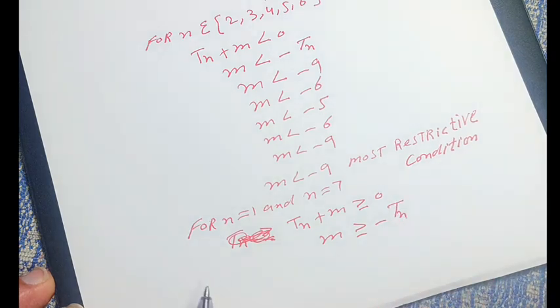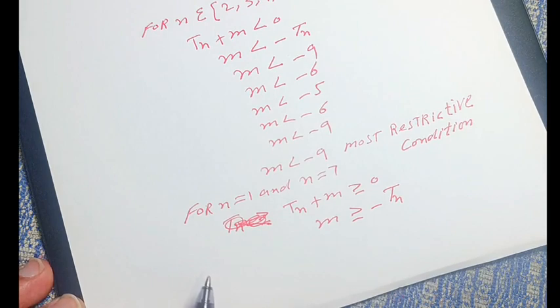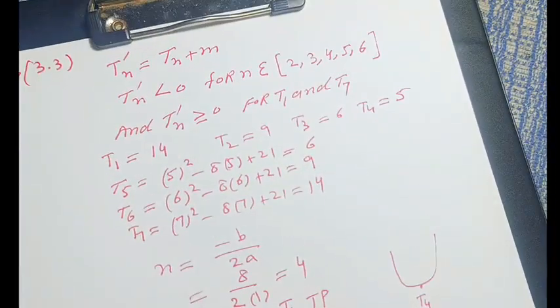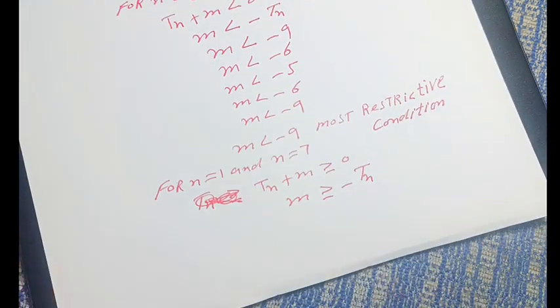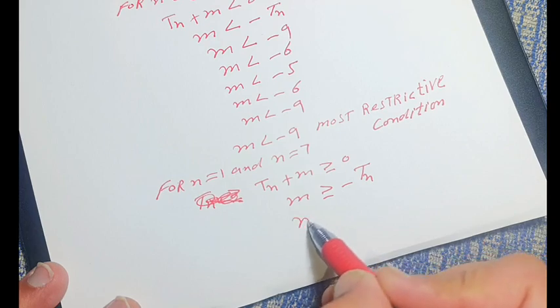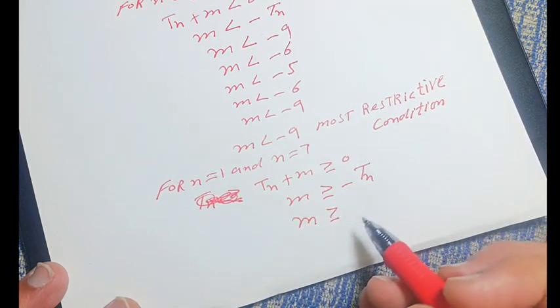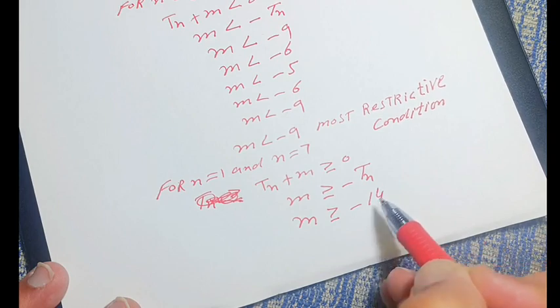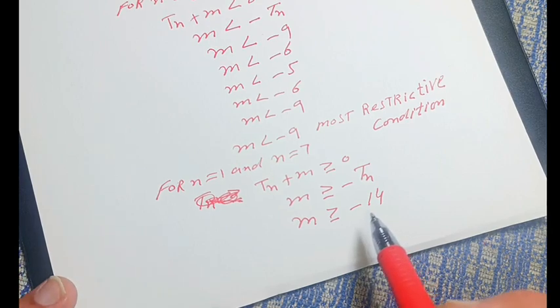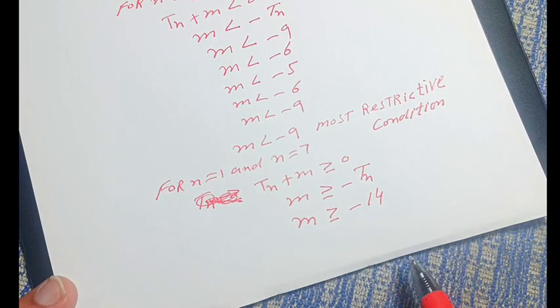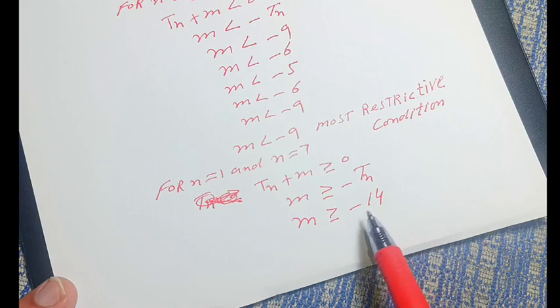So now we need to substitute T1 and T7. For T1 we have 14, T7 also we got 14. So m is going to be greater than or equal to negative 14, because that's T1 and T7. Now the most restrictive condition is here, m greater than or equal to negative 14.